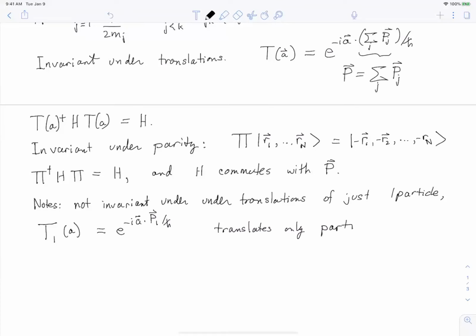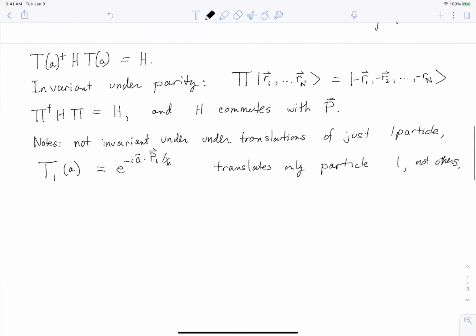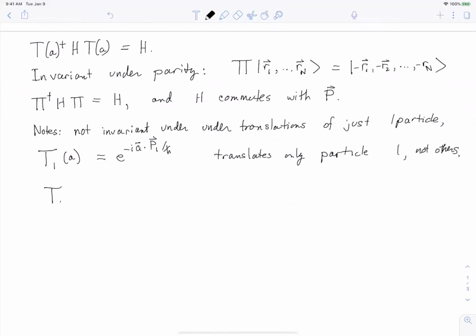But that's not a symmetry of the system, because it doesn't translate the others. And so T_1a dagger, Hamiltonian, T_1a, I guess I should put harpoons on all these, these are all vectors, is not going to give you back the Hamiltonian.